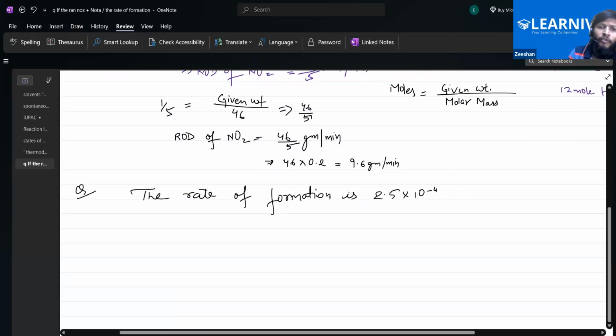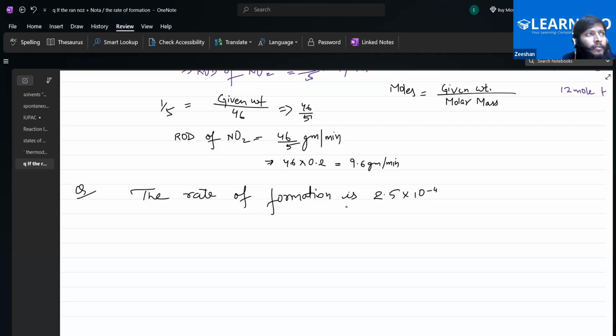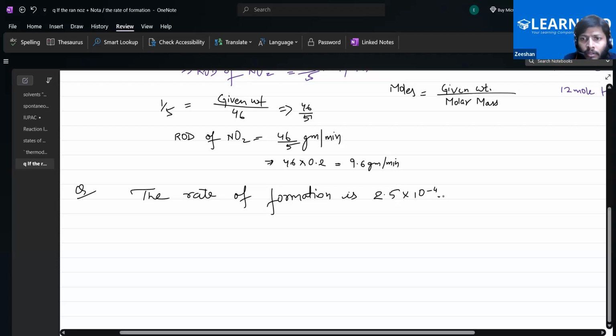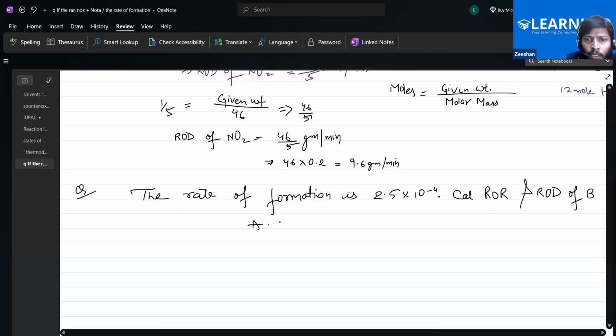So you have to find out both things. The rate of formation is given, and calculate rate of reaction and ROD, rate of disappearance of B. The chemical equation given is A plus 3B giving 3C.